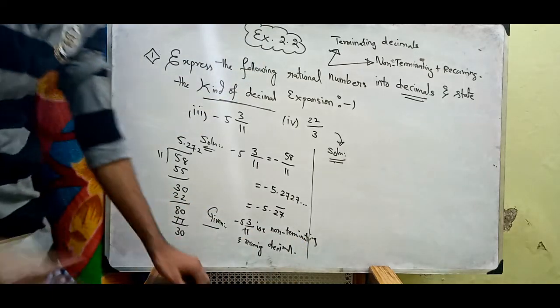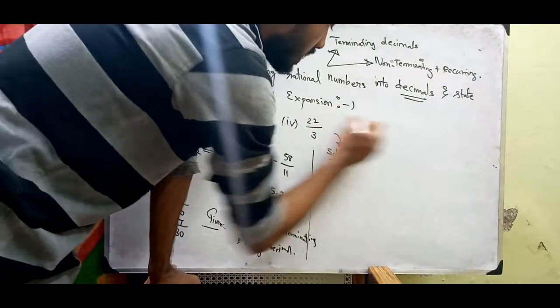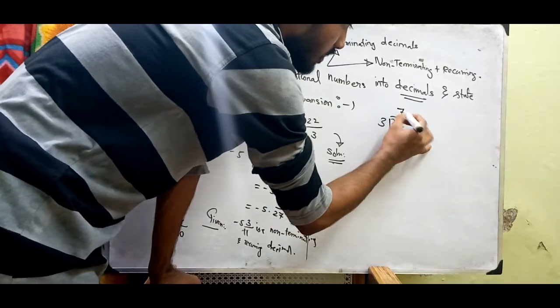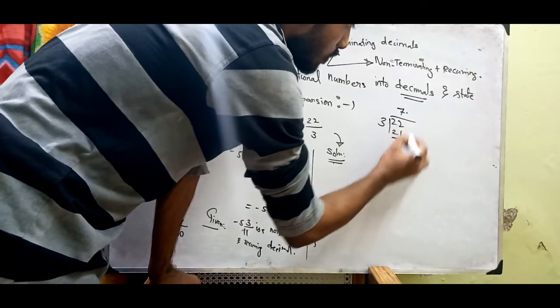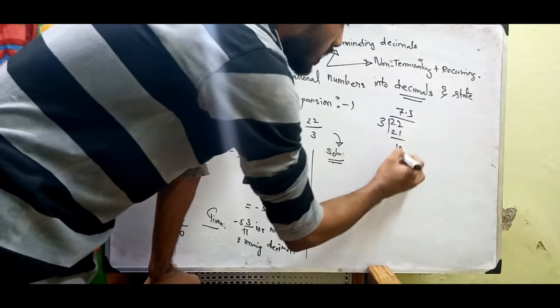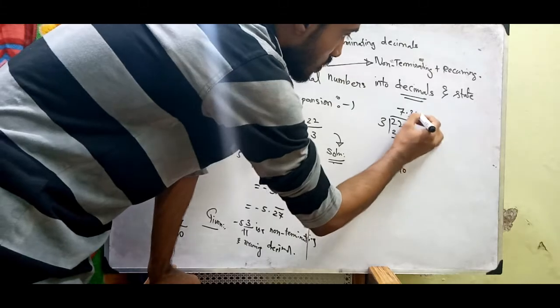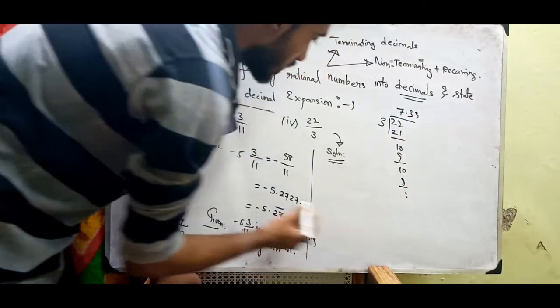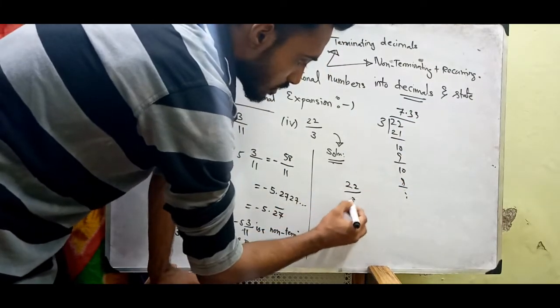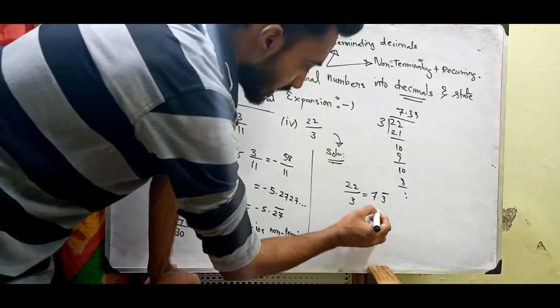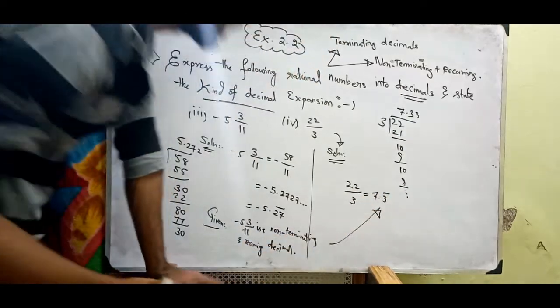Okay, so this is the given number, and for the second one, it is clearly a rational number, but we can solve it. 3 7s are 21, remainder 1, 10. So 3 3s are 9, remainder again 1. The point is there. So 3 3s are 9, and I don't know where it's going to end up. So 22/3 is nothing but 7.3 bar, and it is also the same thing which we found in the previous one.